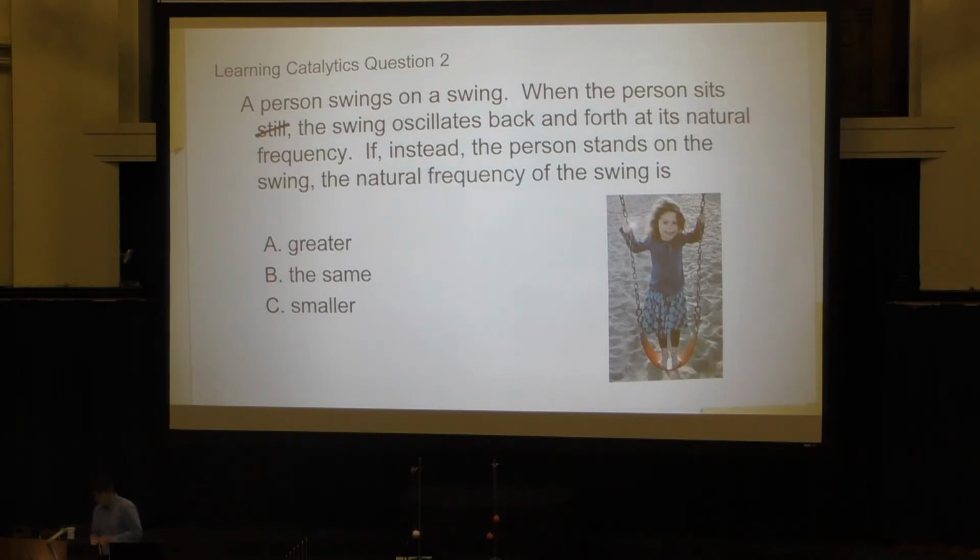If instead of sitting on the swing, the person is standing on the swing like this girl, then how does that change the frequency of the swing? Is the frequency while you're standing greater, the same, or smaller? Give you a minute to think about that.